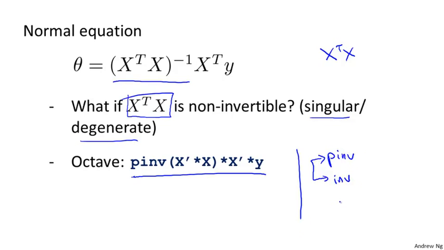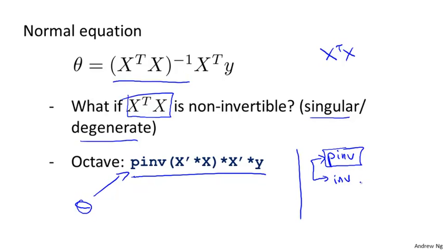But you can show mathematically that so long as you use the pinv function, this will compute the value of theta that you want, even if X transpose X is non-invertible. The specific differences between pinv and inv are somewhat advanced numerical computing concepts that I don't really want to get into.